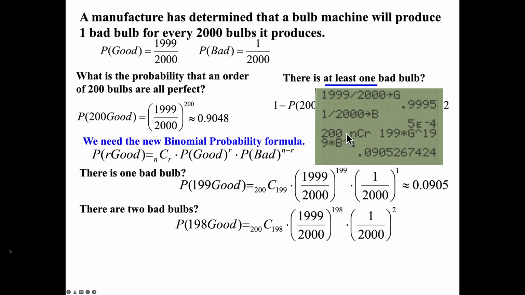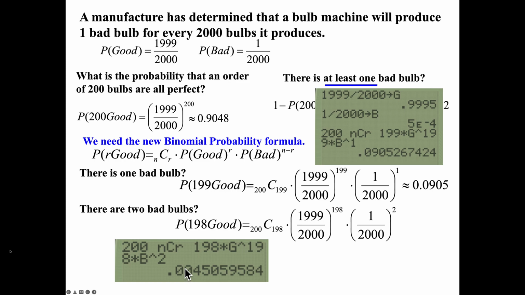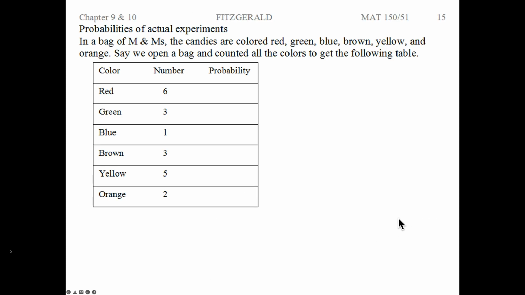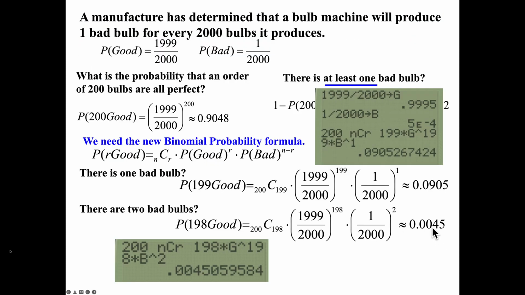So again, I would probably just hit second enter, take this copied down statement, change 199 to 198, 199 to 198, and change this power to a 2. So as you can see, I changed the 199s to 198, the 1 has a power of 2, and there's the probability, 0.0045. Just less than 1%. Or I should say just less than 0.5%.